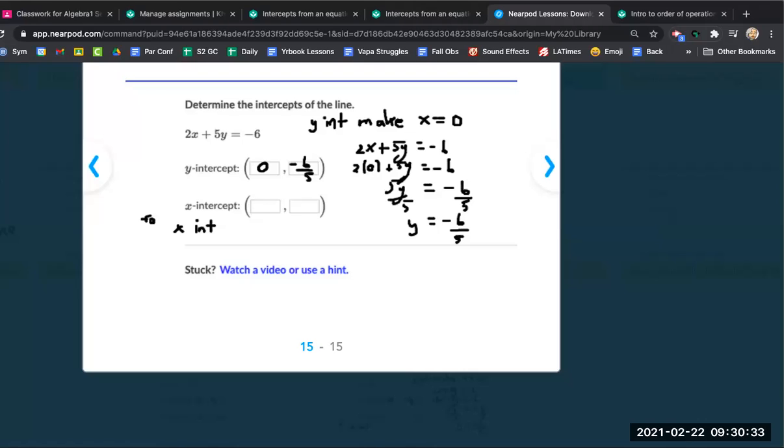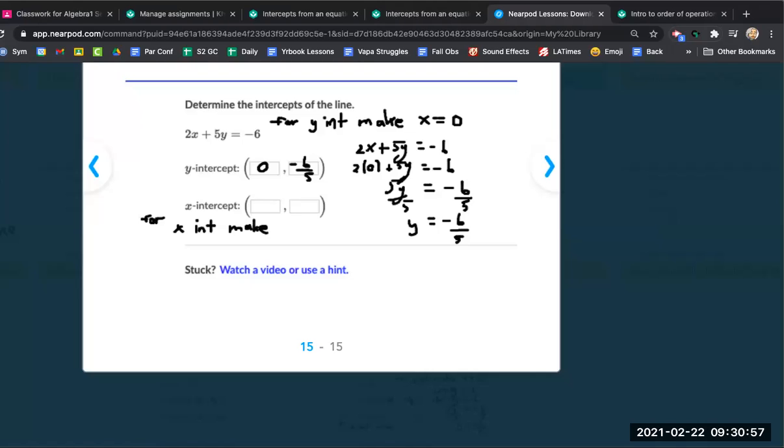Anybody, any takers there? Come on, guys. Raymond, can we hear from you? For the x-intercept, make y equal to 0.